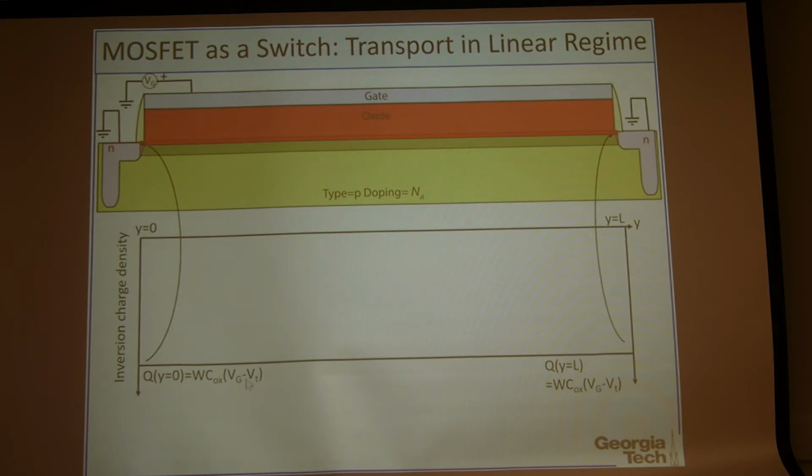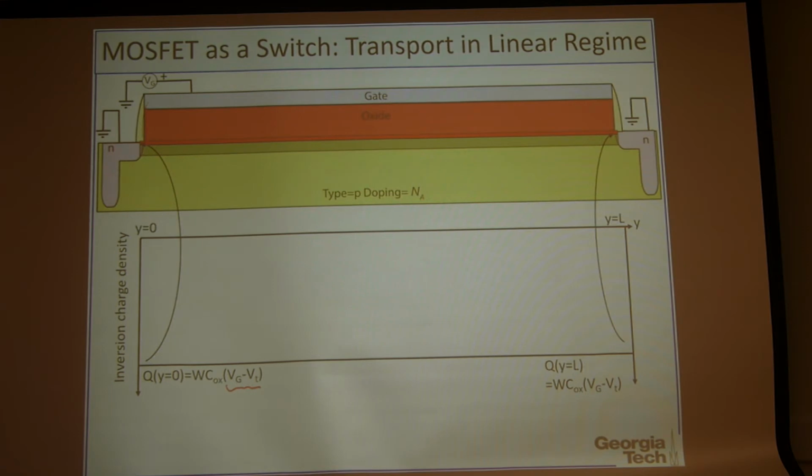And here we need to consider the threshold voltage, because only when the gate voltage is above the threshold voltage, then we have the inversion charge. So the effective voltage across this capacitor is Vg minus Vt, because we need to overcome Vt first to create the inversion charge, that's the channel.